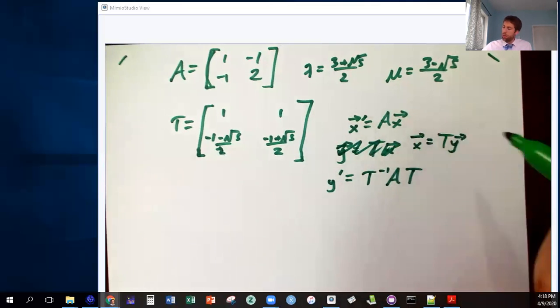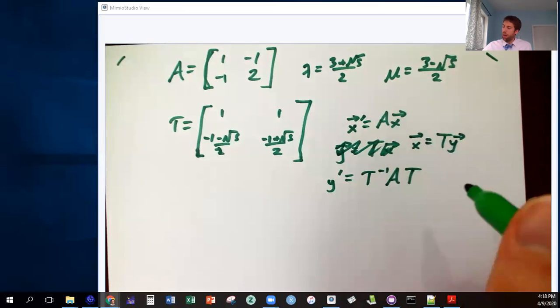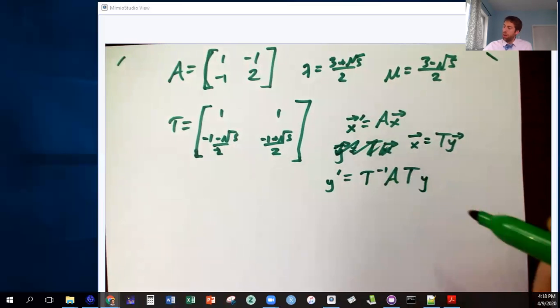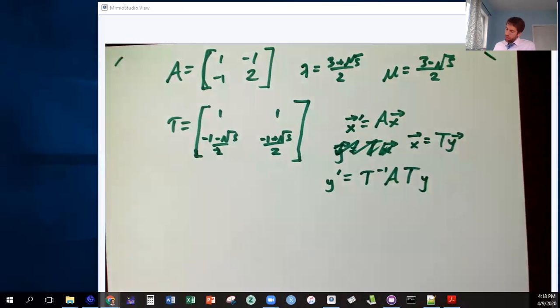So I'm looking for this y such that x equals T y. Then y prime equals T inverse A T y.